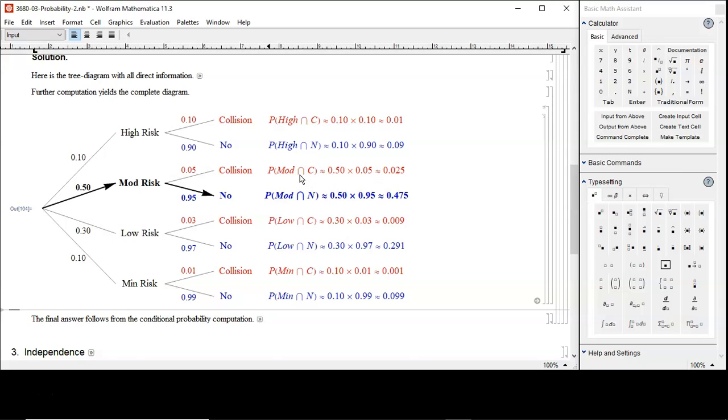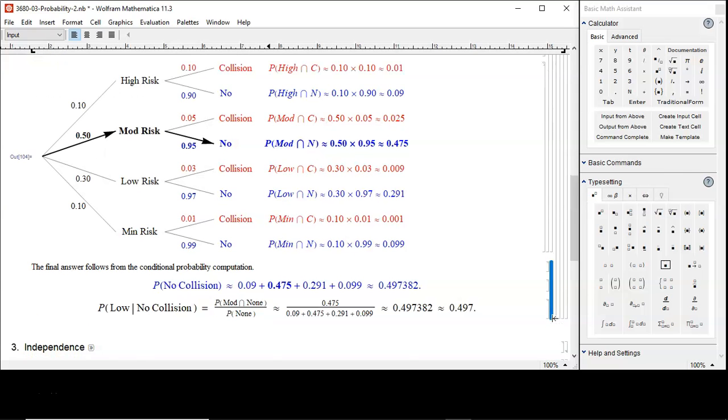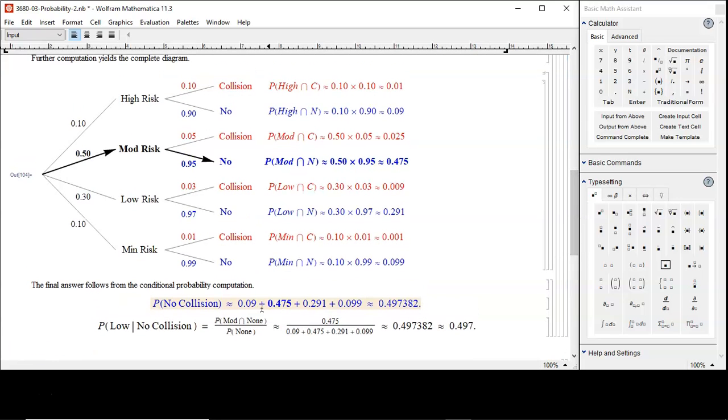So get this probability here in blue. And overall, no accidents, all 4. So what do we have? Sum of all those blues, all those down here, no collision, all those. Among those, the second one is the one that I'm particularly interested in, which came from moderate risk drivers. And here's the computation.